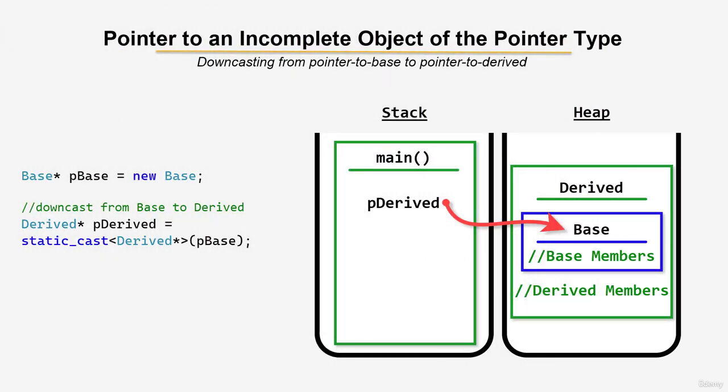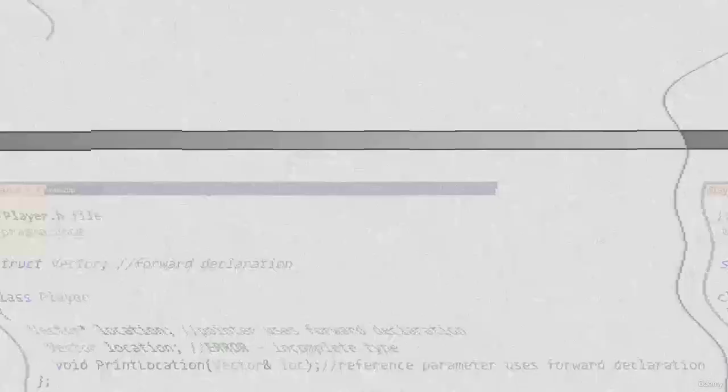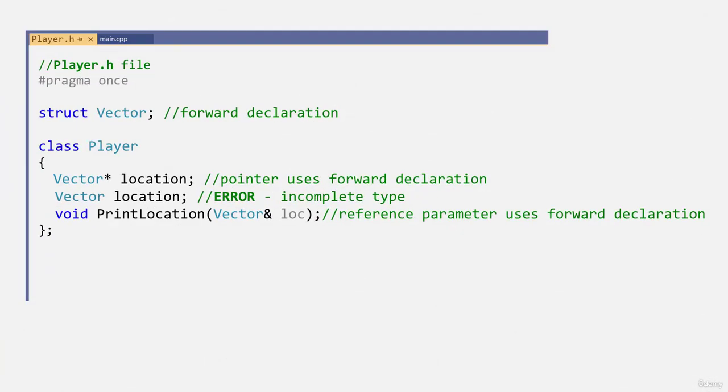Now, we can have a pointer to an incomplete object of the pointer type. Don't get this confused with the error that you have when you have an incomplete type. So, for example, you do a forward declaration of a vector struct. Now, if we declare a pointer to a vector, then that's fine because it's going to use the forward declaration.